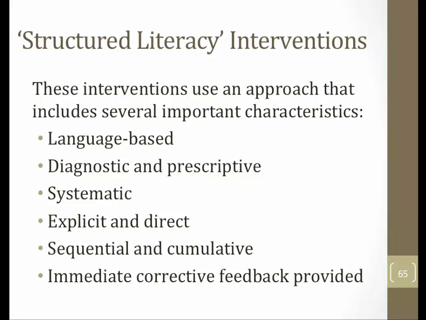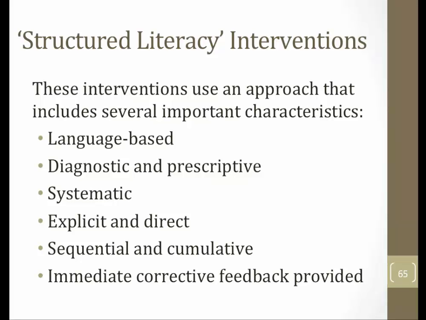Diagnostic just means you're constantly looking at what the specific difficulties are, and then you're matching instruction to those difficulties. Systematic means that we're just doing things in very explicit ways and teaching directly. Sequential, we're following a scope and sequence. Cumulative, we're not teaching something that hasn't been introduced before, and the knowledge is a cumulative process.